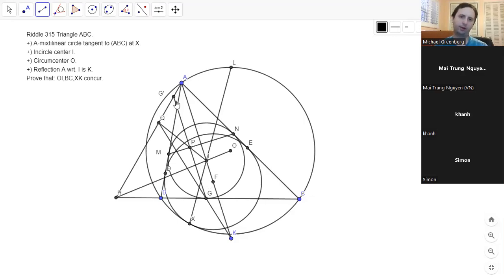Yeah, so homothety at Q takes this triangle to this triangle. I wonder if there's anything special about point Q. I wonder, is the line? No, I don't think these are parallel.